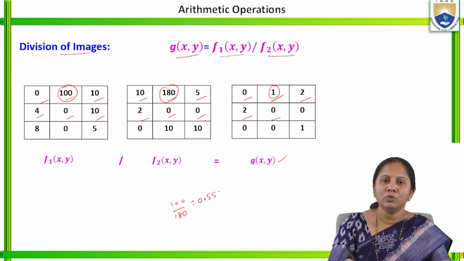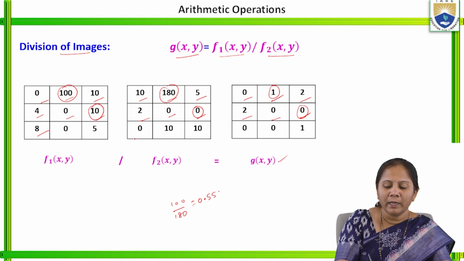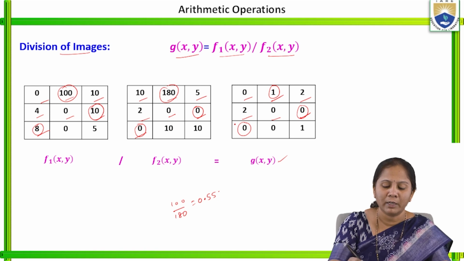So here 10 by 0 means the result is infinity, so we are going to make it the minimum value, that is 0. So in this case also the rule is applied, and 8 by 0 is again infinity. In this case also the rule is applied, we have made it the minimum value.